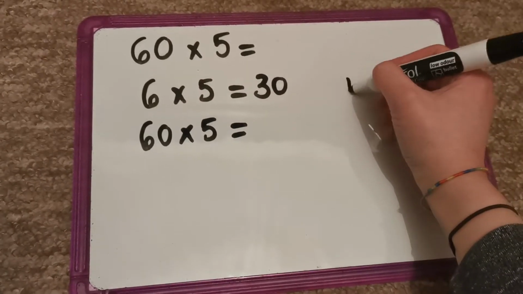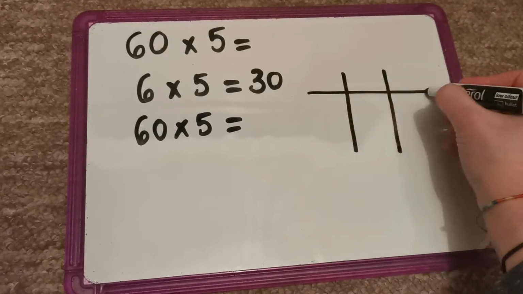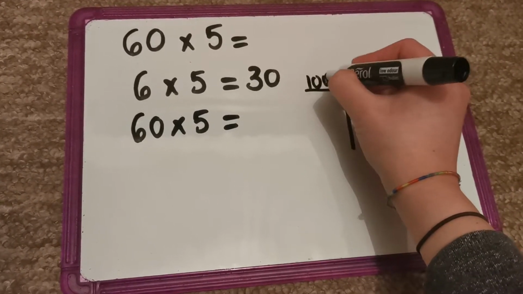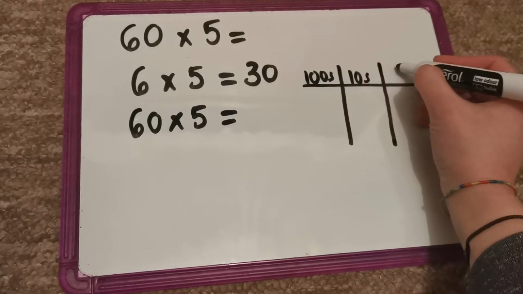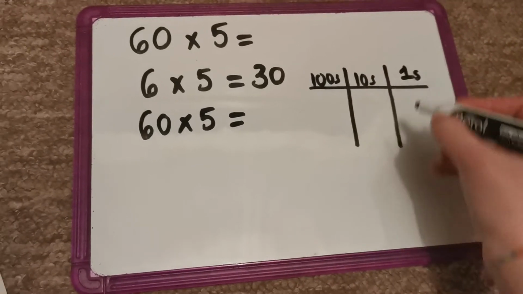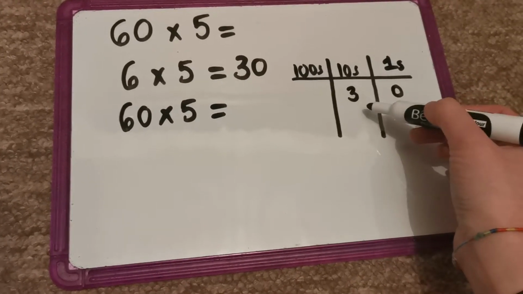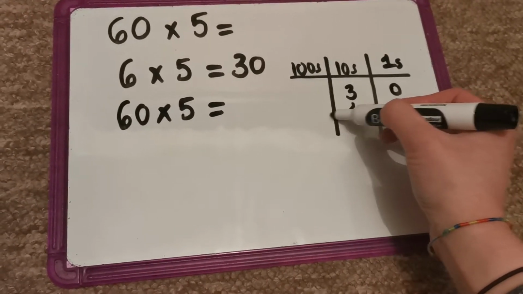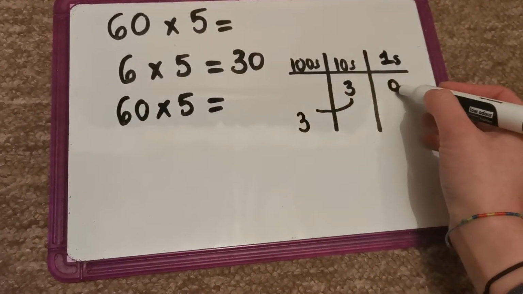So remember, you're using your knowledge of how to make something 10 times greater. If you're multiplying something by 10, you need to move the digits one column to the left. So 30, 3 tens, will become 300.